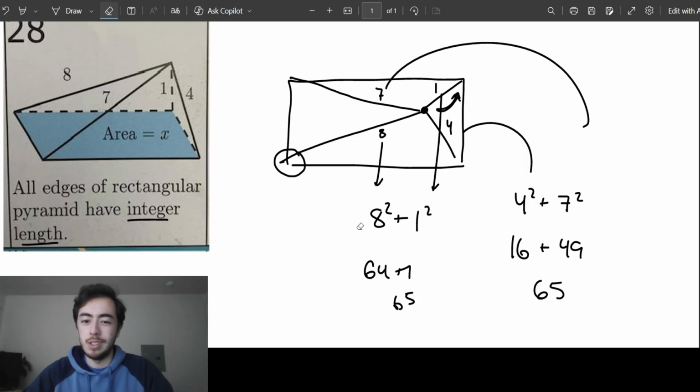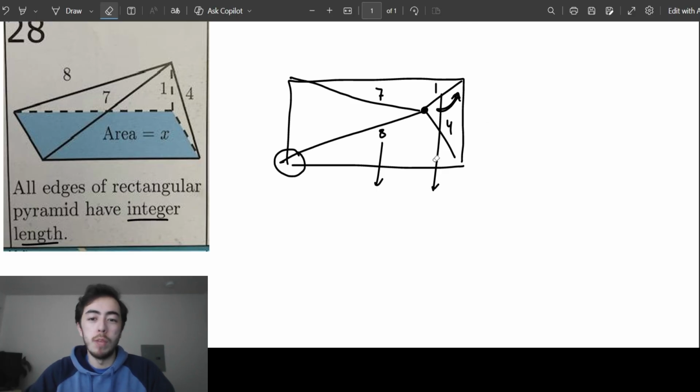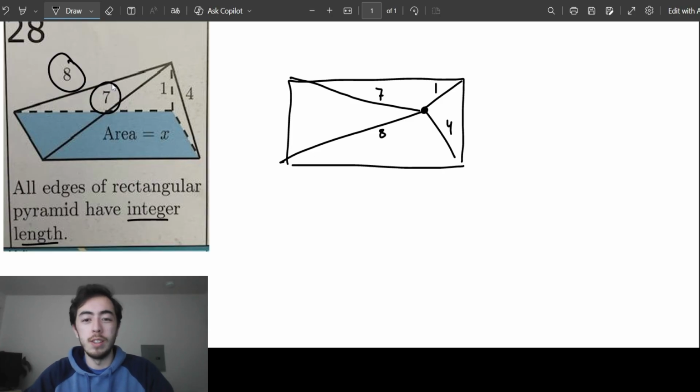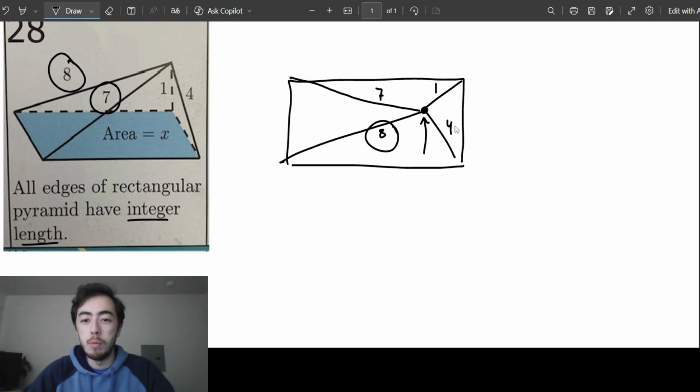I just wasn't really able to figure out how to prove it to myself. I think there's some Pythagorean theorem involved, maybe some law of cosines, maybe some stuff with vectors if you wanted to. Either way, we do need to swap the position of the 7 and the 8 for this to make any sense. Again, I'm relying on the idea that the 8 needs to be here to push the apex closer to the top of our diagram, because the 4 is also doing that.